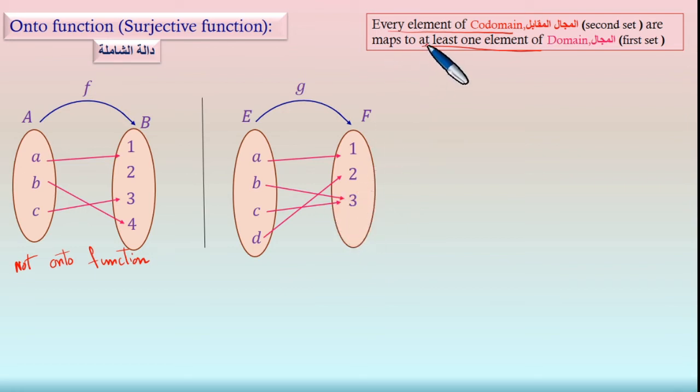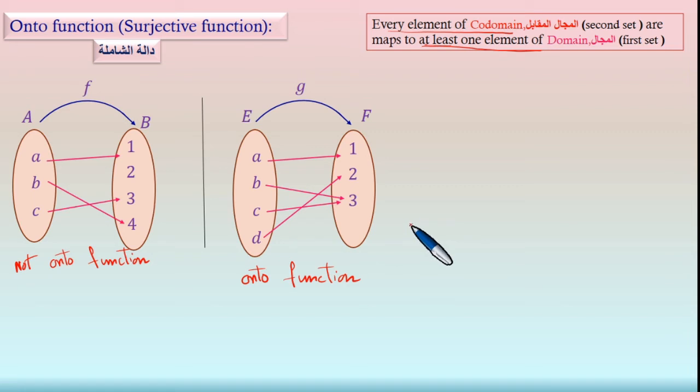It says at least one, so more than one, no problem. So all the elements of the codomain have the pre-image, therefore it is onto function.